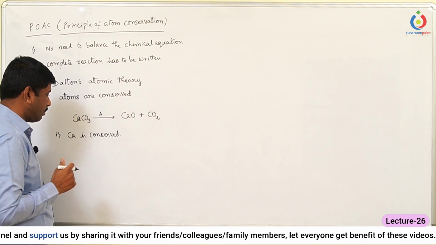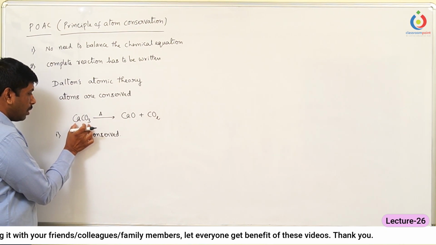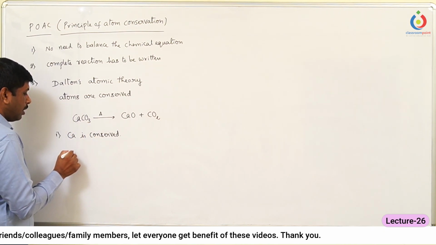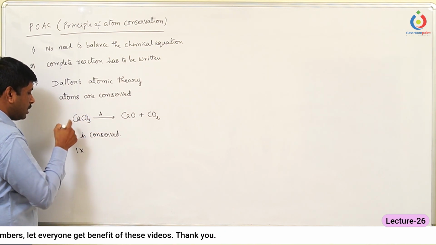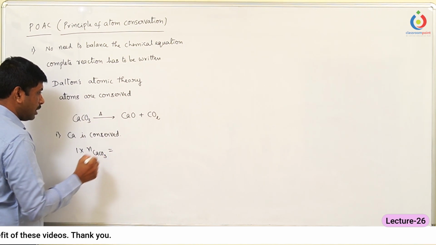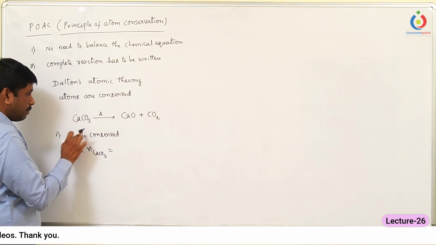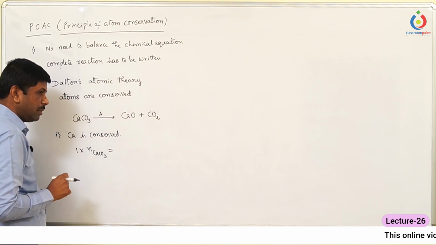How many calcium atoms are present in a single molecule? Only one calcium is there. So 1 into number of moles of CaCO3 is equal to, and calcium is present on the other side too, only one calcium.